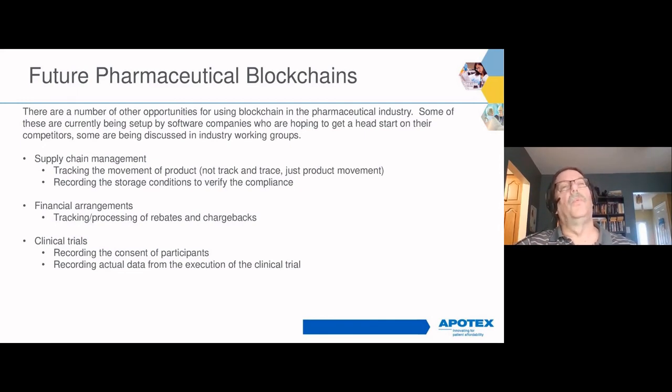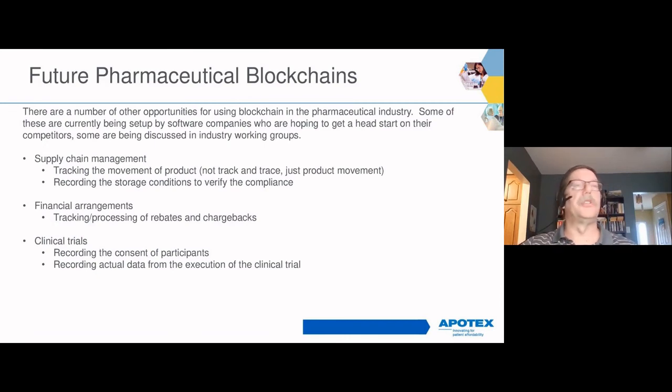If you were to write that information to a blockchain, the security and the protection against deletion or change provide a very good reason for doing storage conditions here.